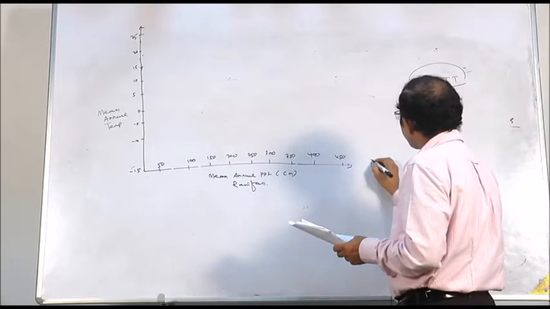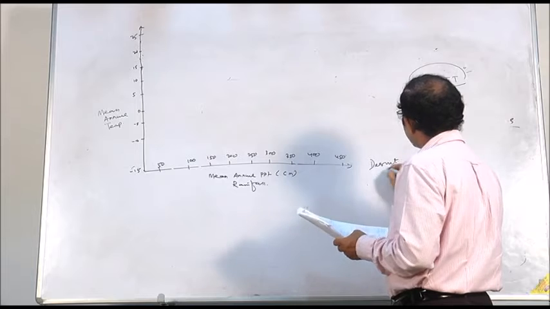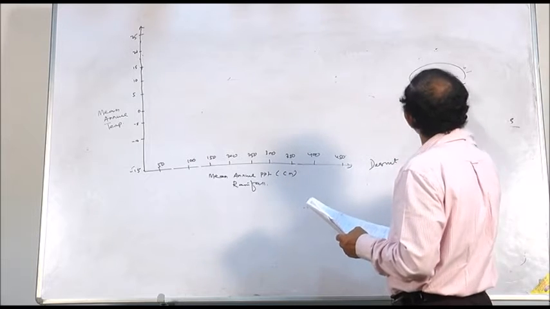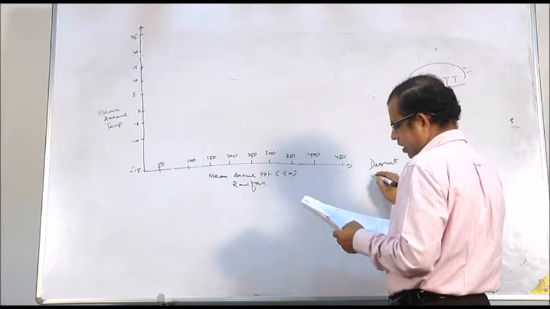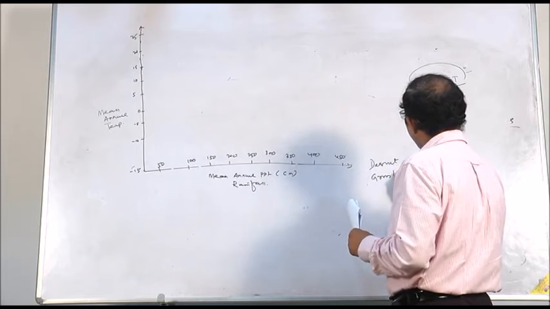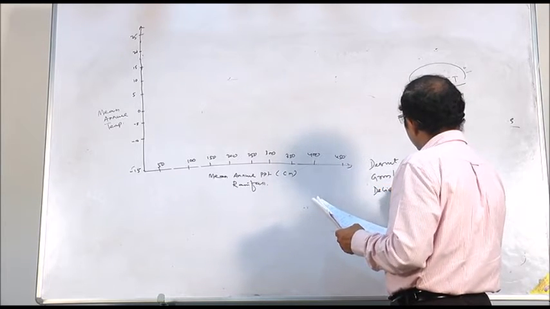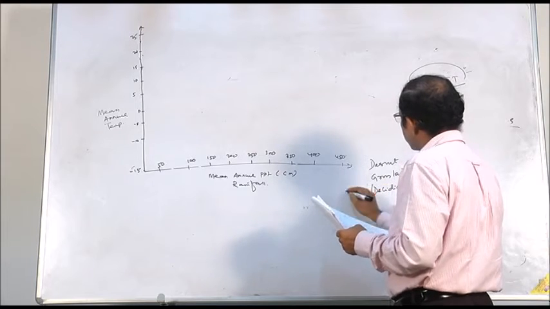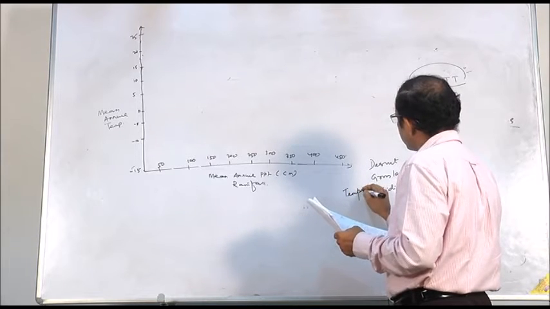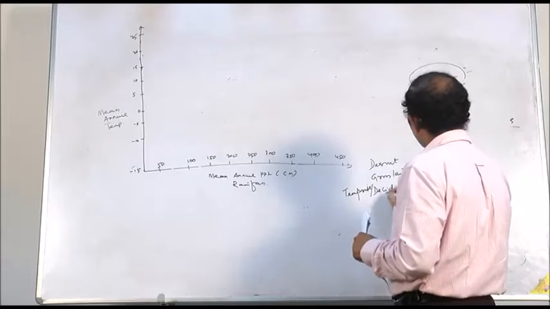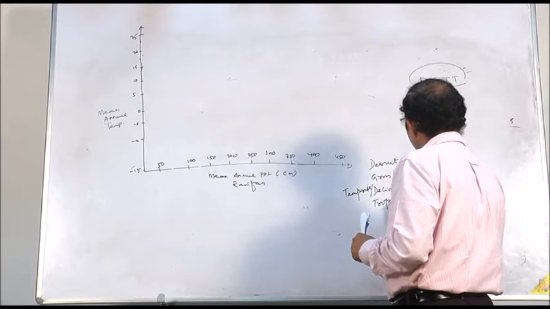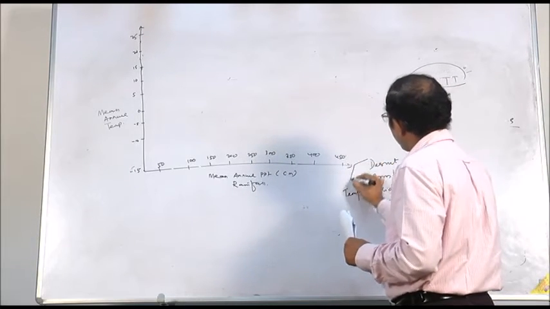To make it easier, we can use this scale. Suppose I am taking desert; this is the way I will go: first desert, then grassland, then the deciduous or temperate forest, and third, tropical.